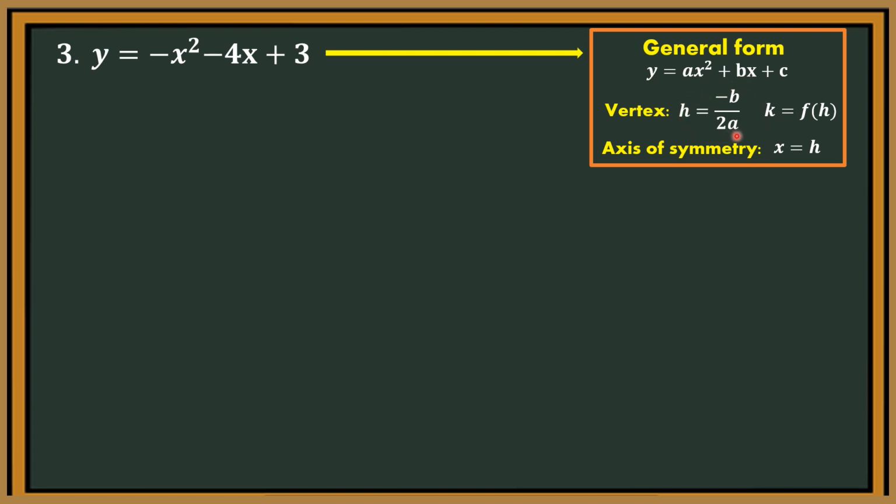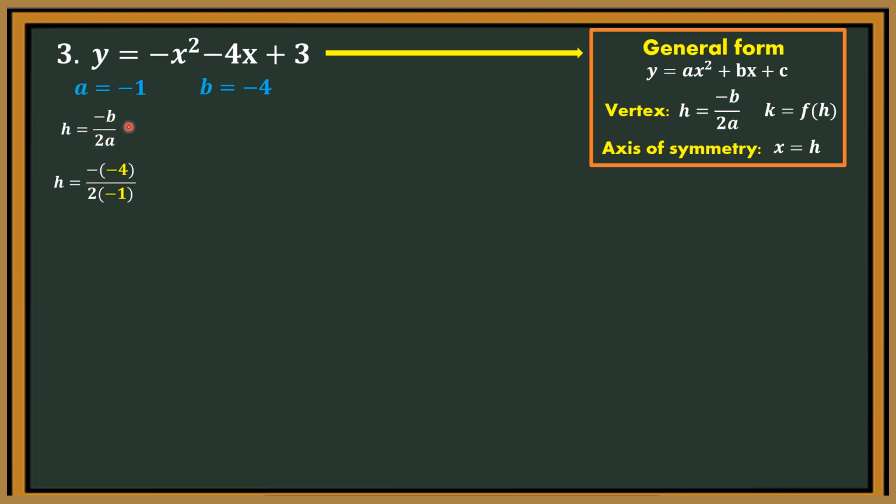So, kailangan nating mahanap ang value ni a at ni b. So, sa given na function, what is the value of a? Negative 1. The value of b is negative 4. So, pwede na tayong mag-solve ng h. Substitution lang tayo. H is equal to negative. I-copy natin yan. Huwag niyong kakalimutan.